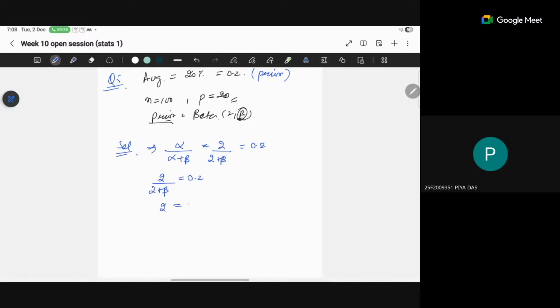If you solve this, it is 0.4 plus 0.2 beta, so beta will be 8. Till here, anyone having any doubts? Beta will be 8.